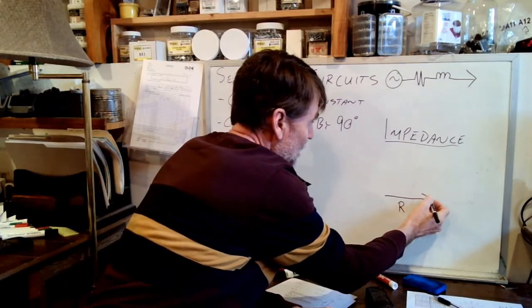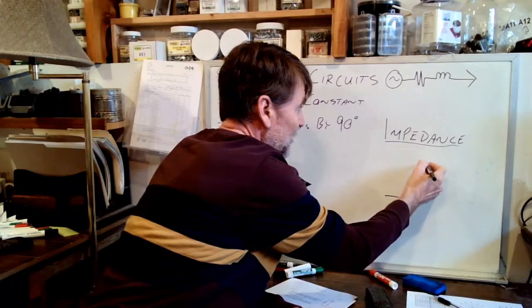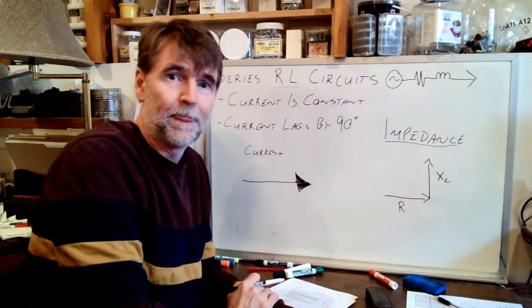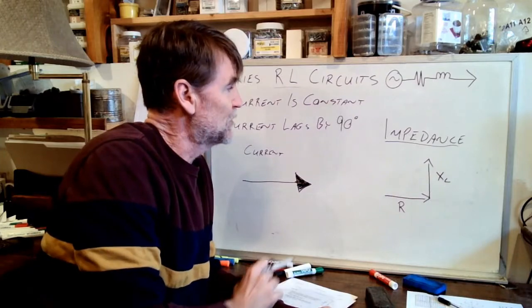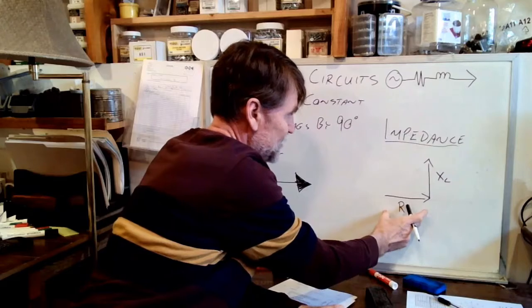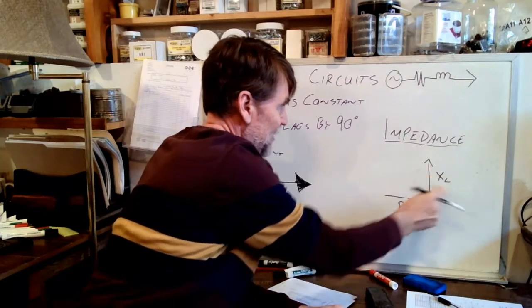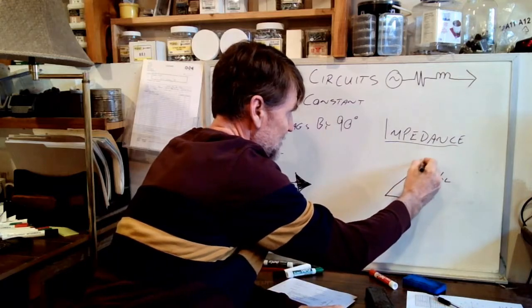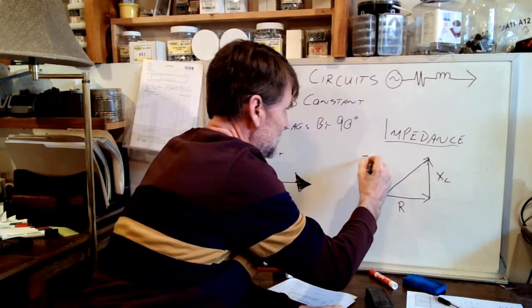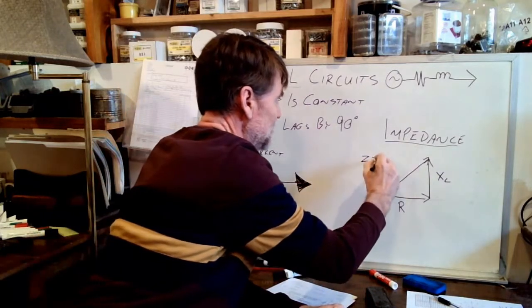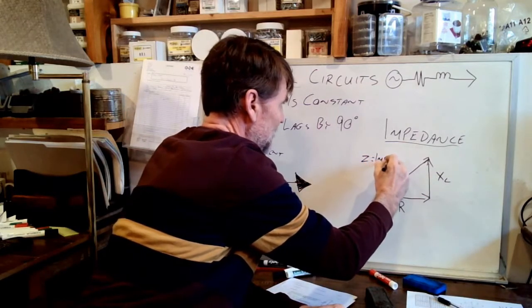And so, again at 90 degrees, we draw XL. What is the total impedance of this circuit with this resistor and this inductive reactance? Once again, the hypotenuse is Z. I don't think I've offered you that letter before. Z is the letter we use to represent impedance.